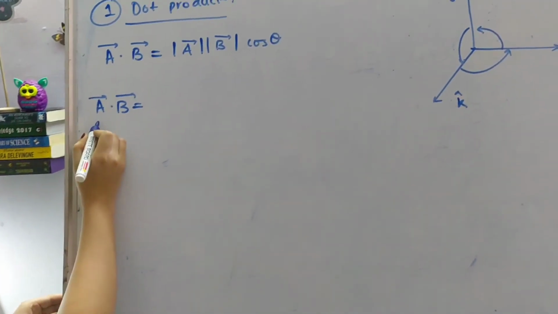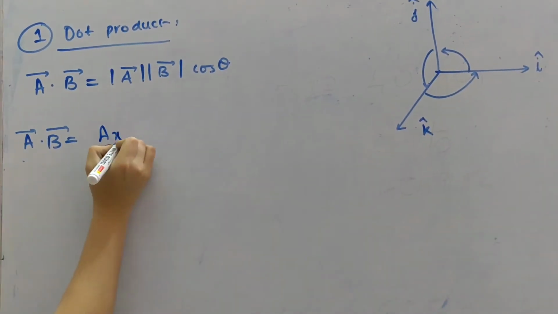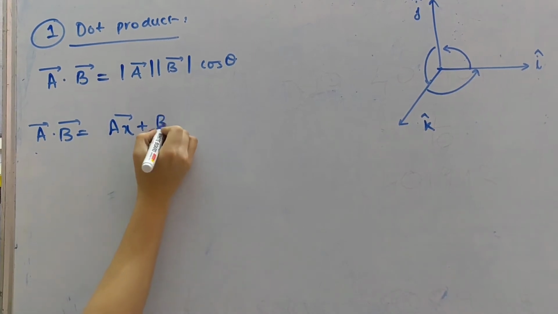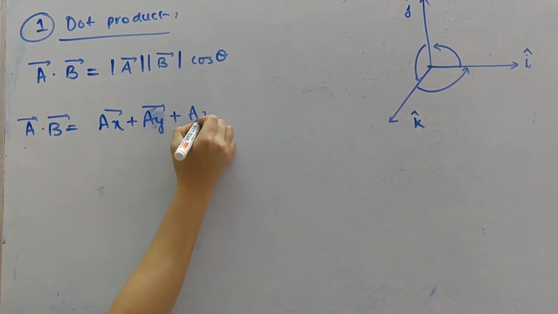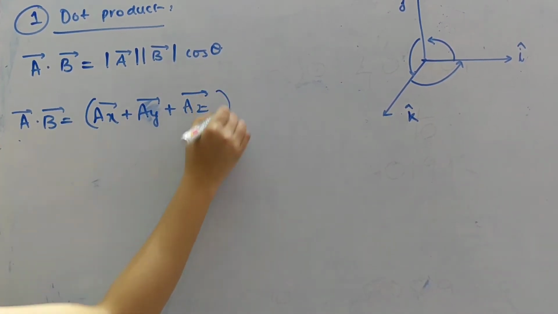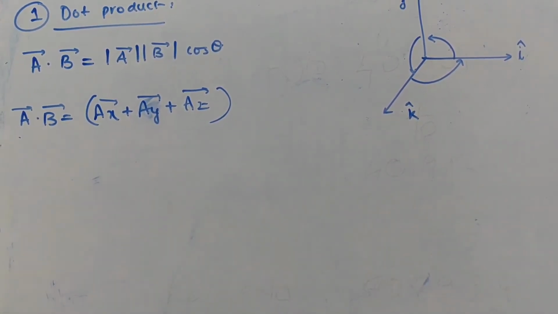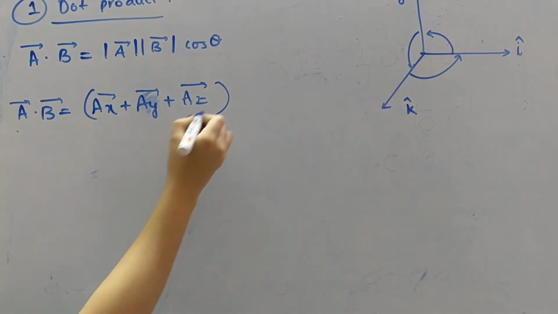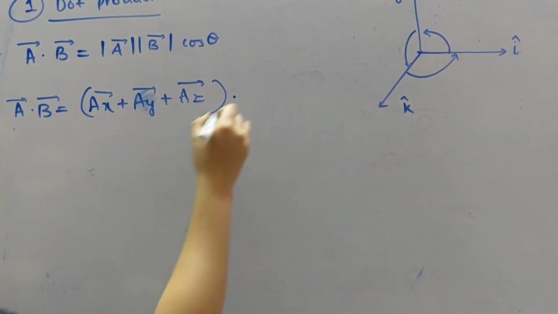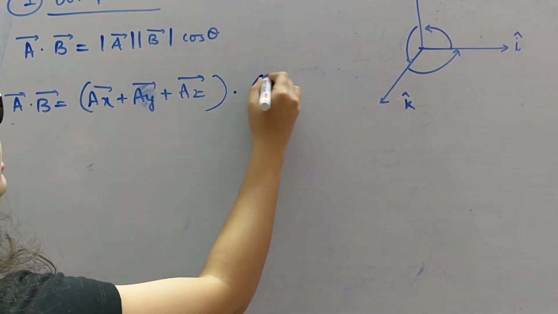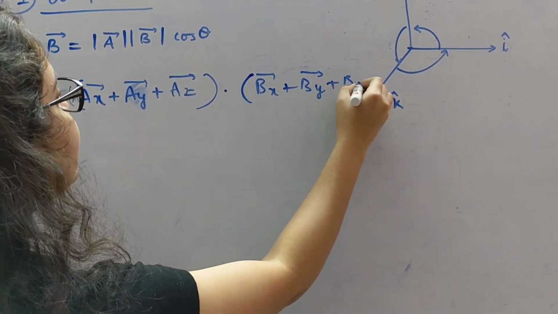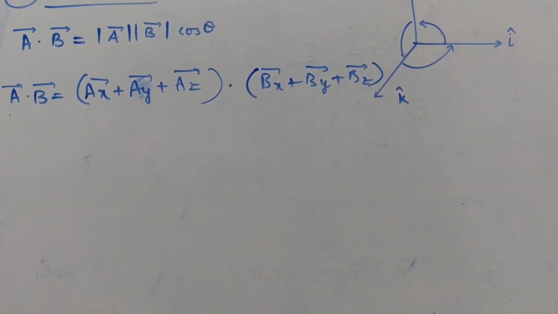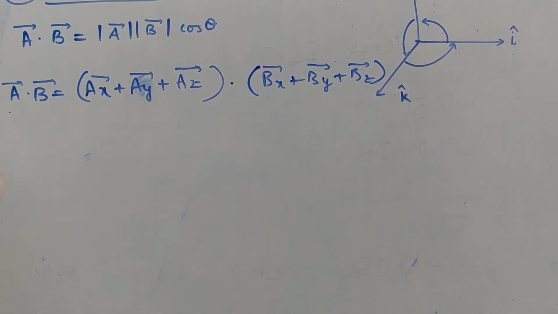So A vector dot B vector can be written as Ax plus Ay plus Az, right? This is the representation of A vector. We've already seen this. Hope you don't have any doubt. Dot Bx vector plus By vector plus Bz vector. I hope it is clear.